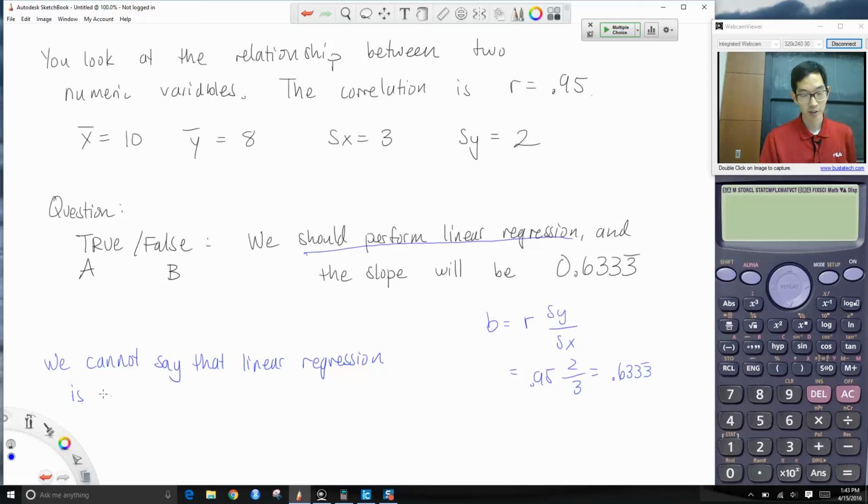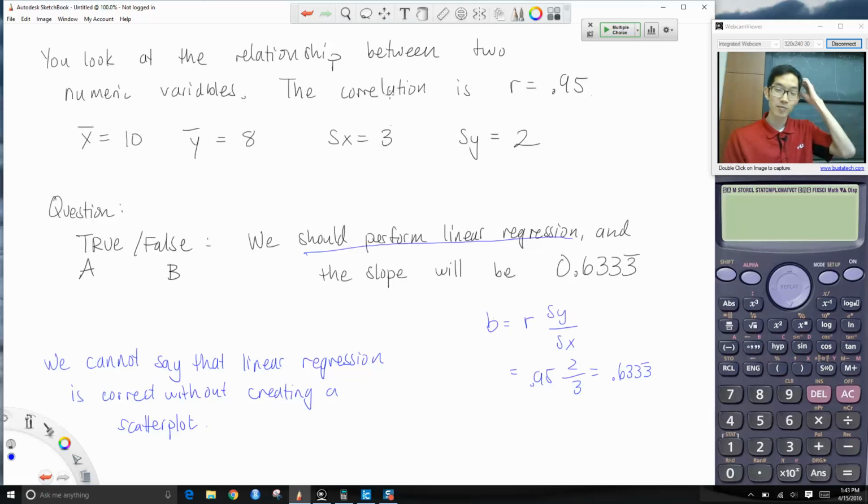It would be true if I said the correlation is r = 0.95, and a scatter plot shows a linear relationship. If this was included in there, then we would be okay.